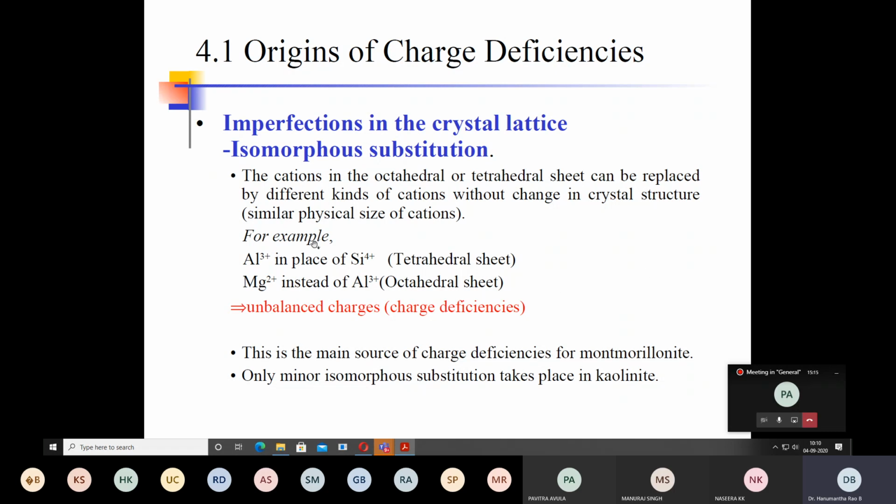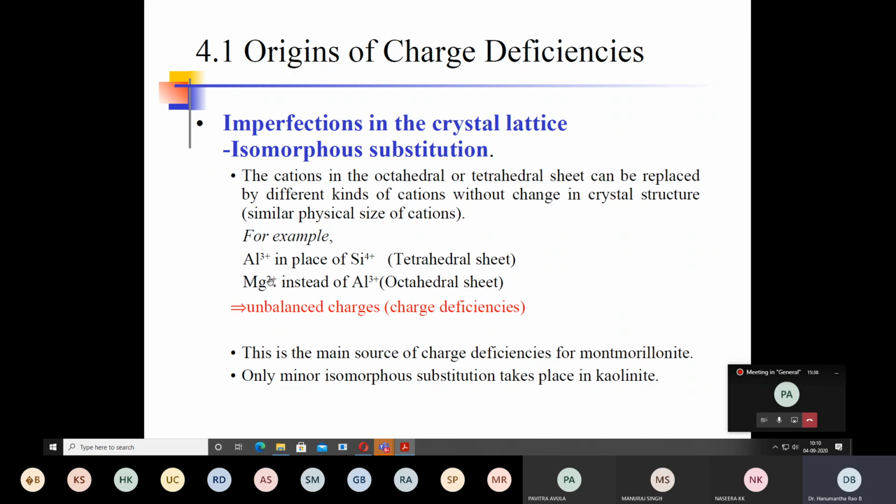Now, as is evident from this slide, when there is a replacement of higher valency with lower valency and vice versa, obviously there is some charge deficiency. For example, here we can see this is 3+, this is 4+. There is some deficiency, always leftover.